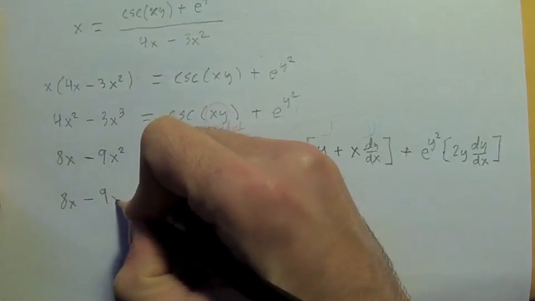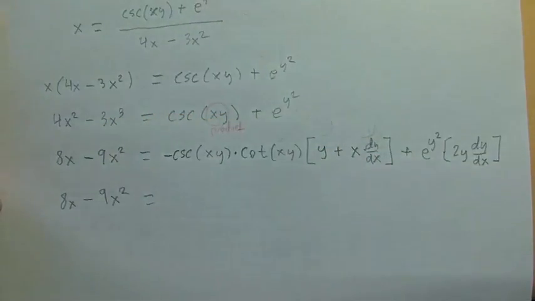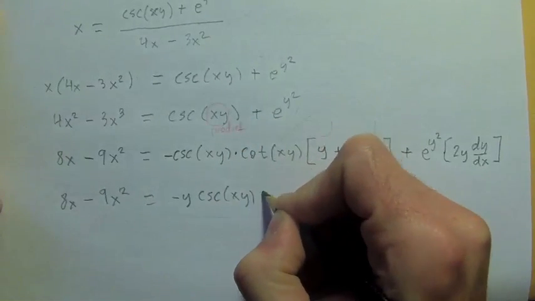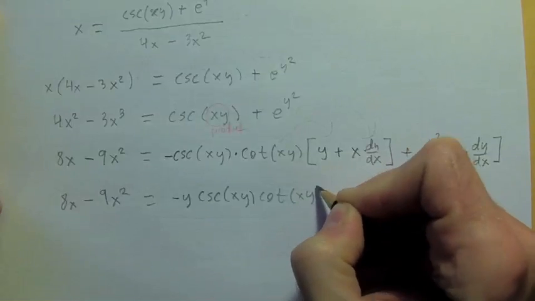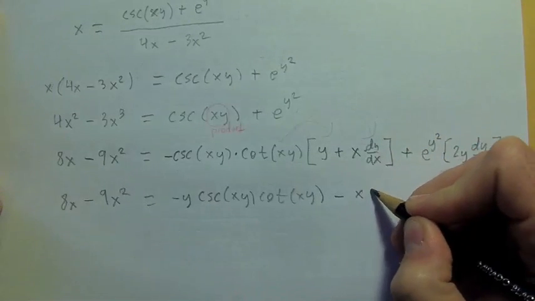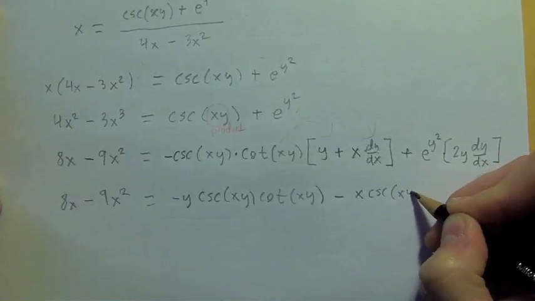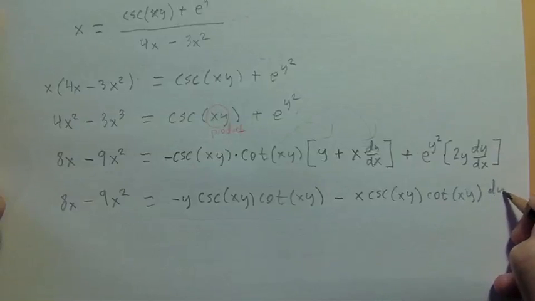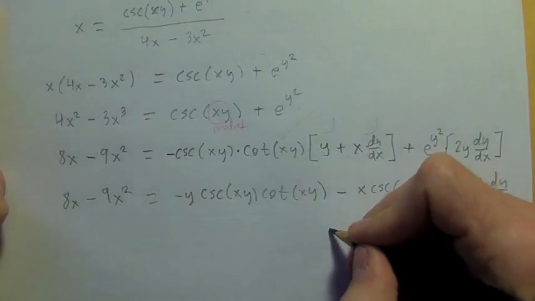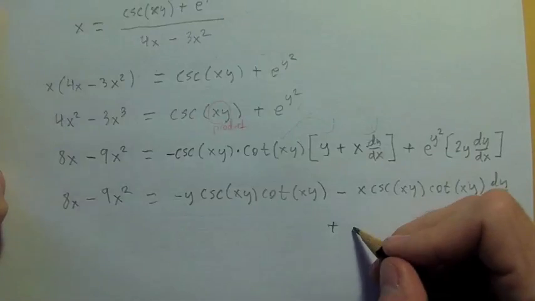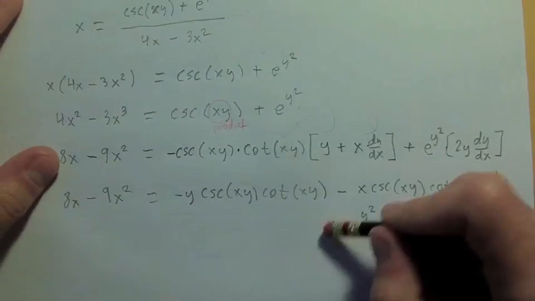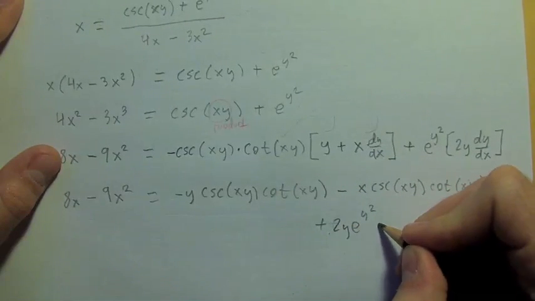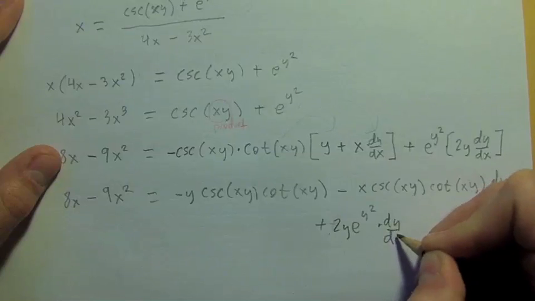It's still 8x minus 9x squared is equal to, let's distribute that, negative y cosecant of xy, cotangent of xy, then minus x cosecant of xy, cotangent of xy, and this is a dy over dx term, then plus e to the y squared, and actually let me write it like this, plus 2y e to the y squared times dy over dx.